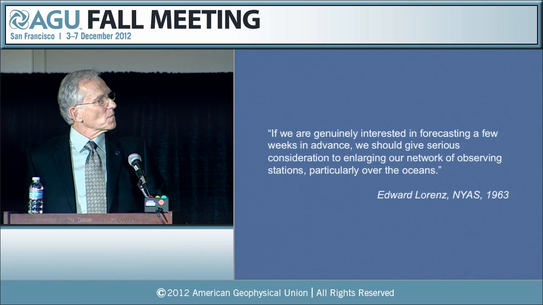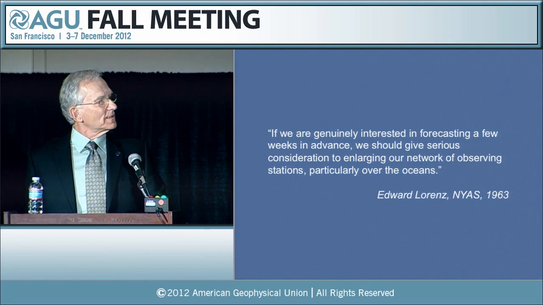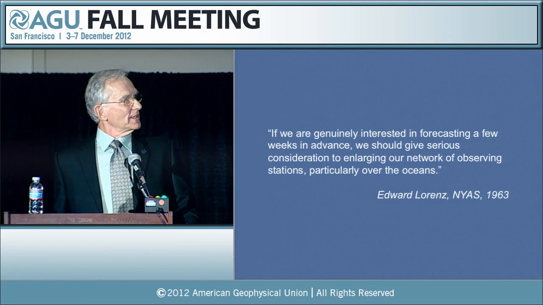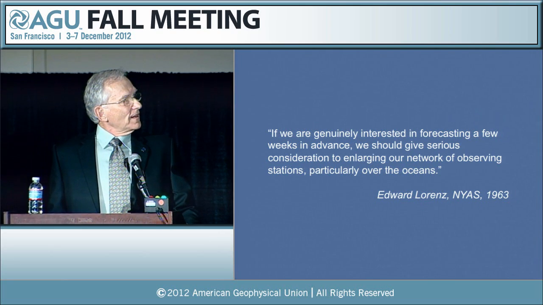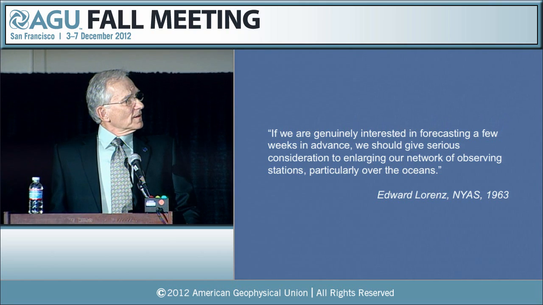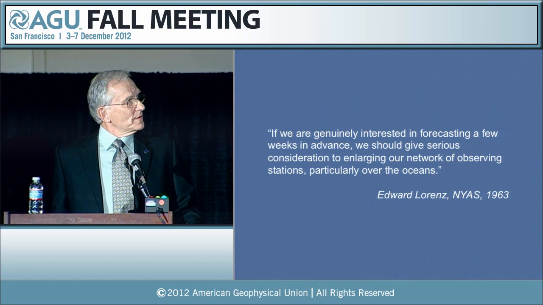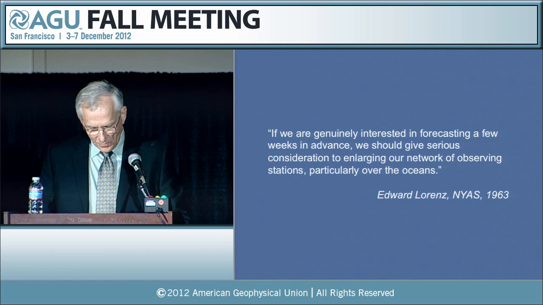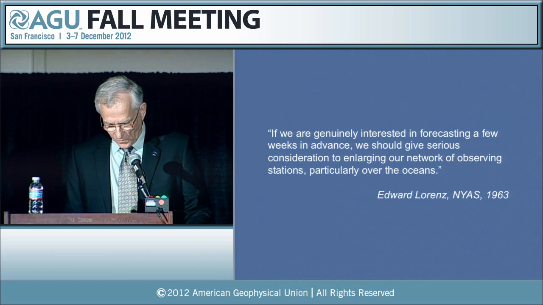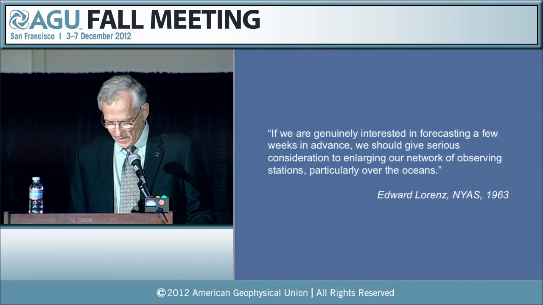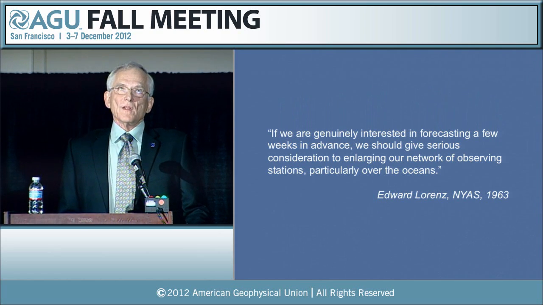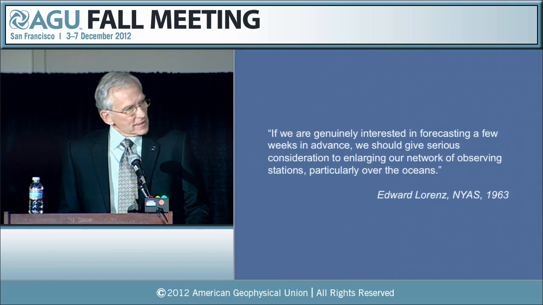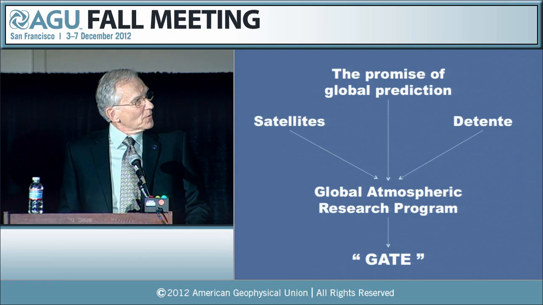To do this out to the limits of predictability, which could conceivably be 1 or 2 weeks, global observations needed to be improved, particularly over the oceans. One reason for that is that it was already recognized that tropical convection was one of the major uncertainties affecting predictability.